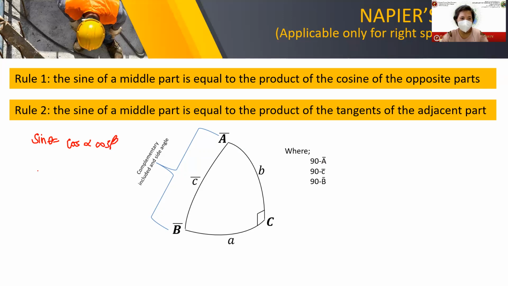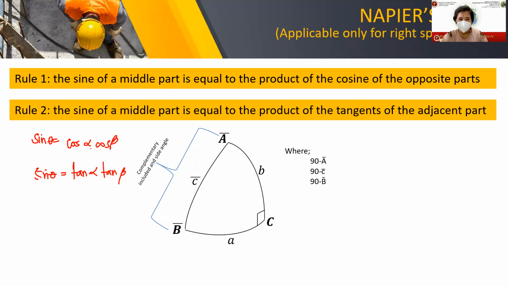For rule number 2, the sine of the middle part is equal to the product of the tangents of the adjacent parts, so tangent alpha, tangent beta.